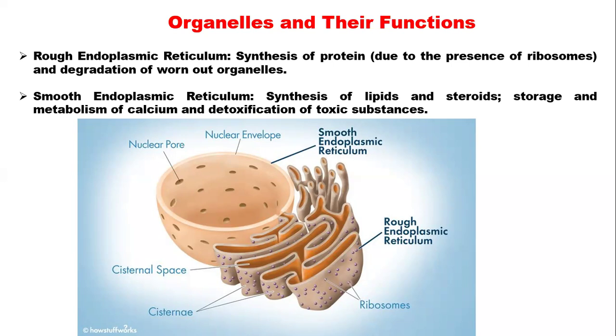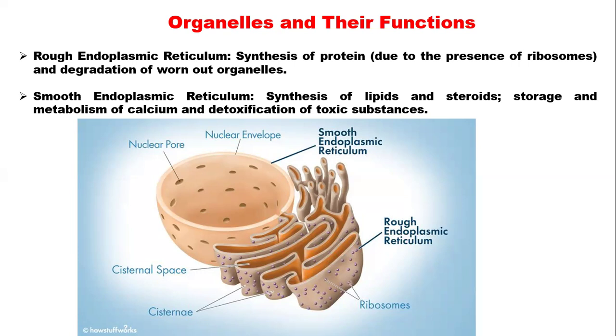The endoplasmic reticulum is divided into 2: the rough endoplasmic reticulum and the smooth endoplasmic reticulum. The rough endoplasmic reticulum carries out protein synthesis because it has ribosomes, and it also carries out the function of degradation of worn out organelles.